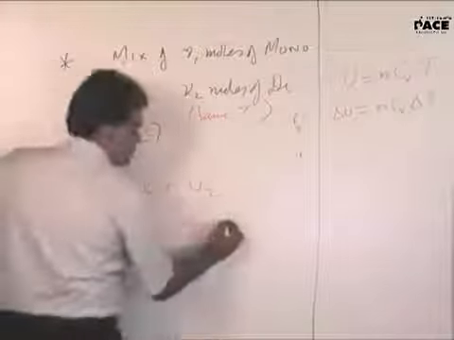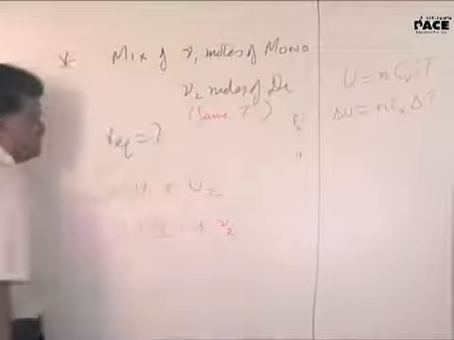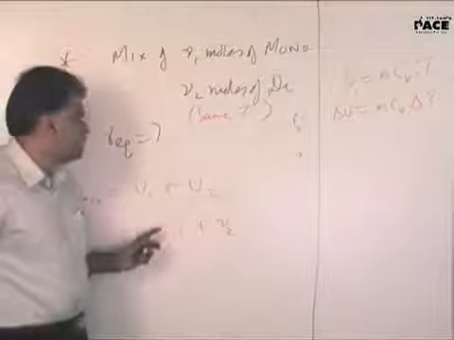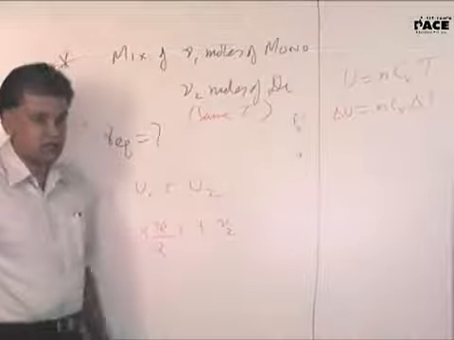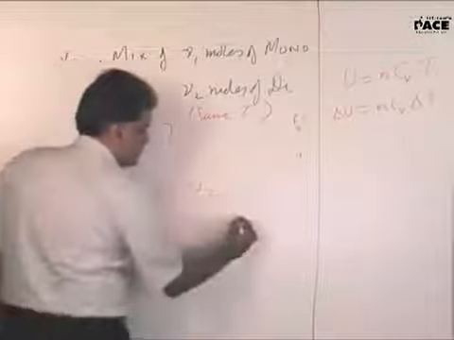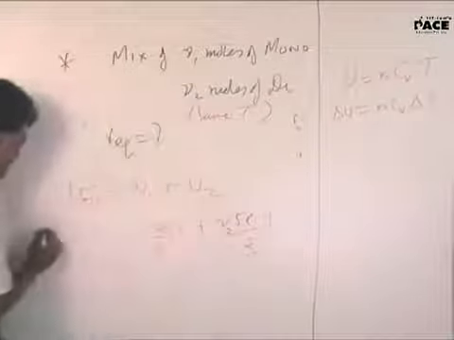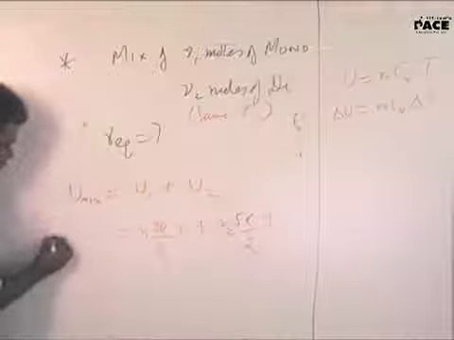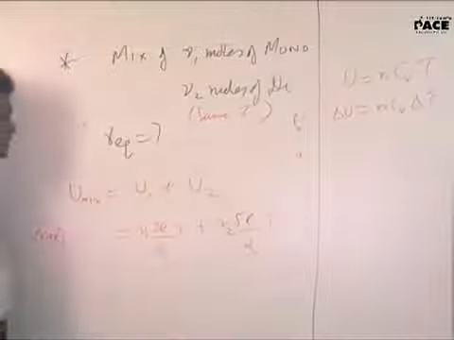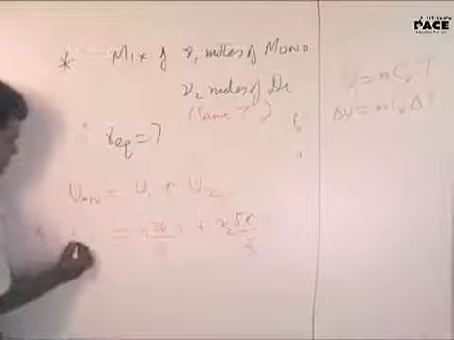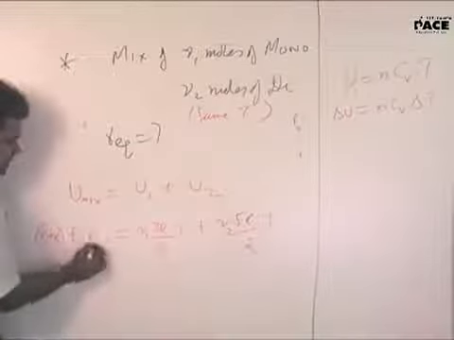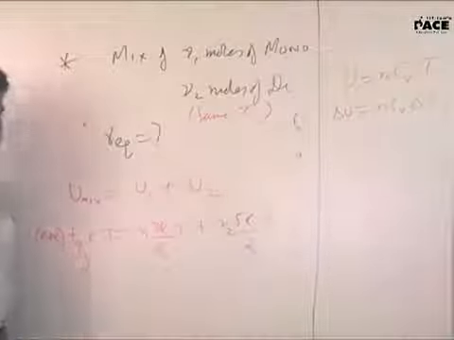So this will be nu2. What is the Cv for diatomic, or what is the degree of freedom for diatomic? 5R by 2 T will be equal to nu1 plus nu2. Now we do not know what is the f here. That is what we have to figure out. We can write like that.